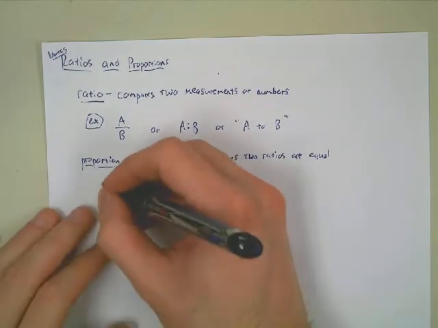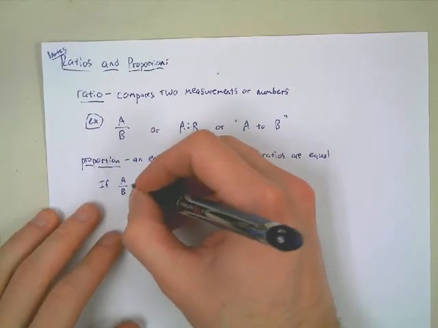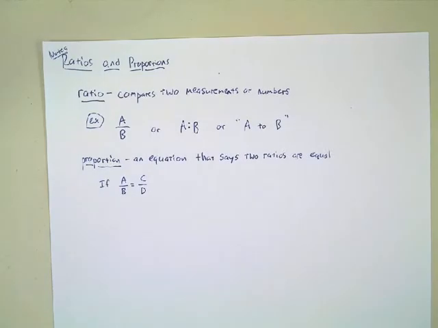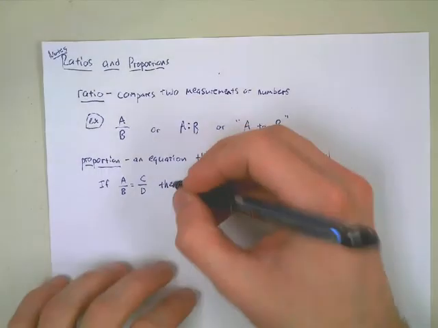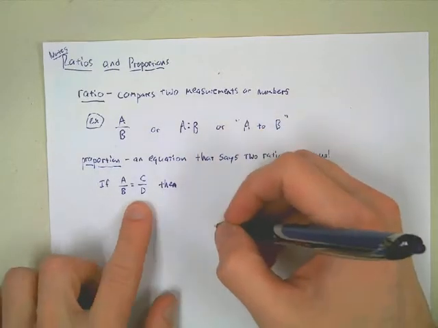So if A over B equals C over D, okay, if A over B equals C over D, so there's a proportion.